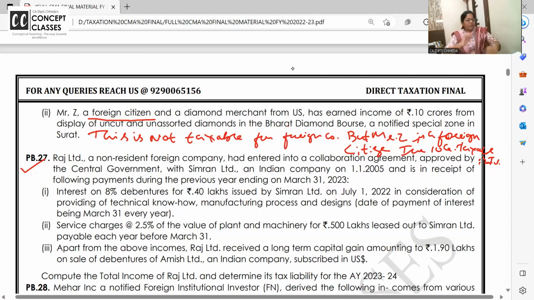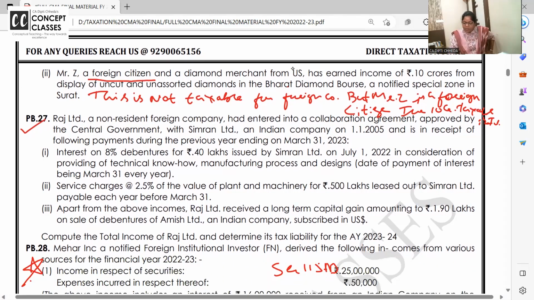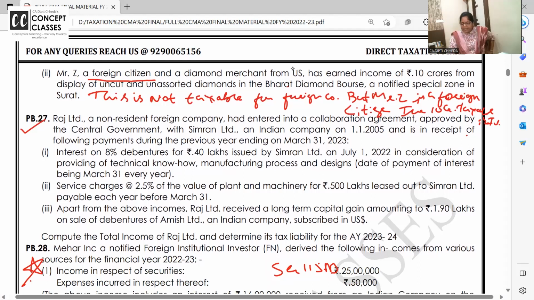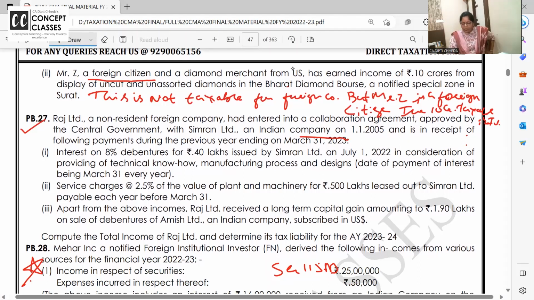Okay, chalo, let us do the 27th sum. Raj Limited, a non-resident foreign company, has entered into a collaboration agreement approved by the central government with Simran Limited, an Indian company, and is in receipt of the following payments.